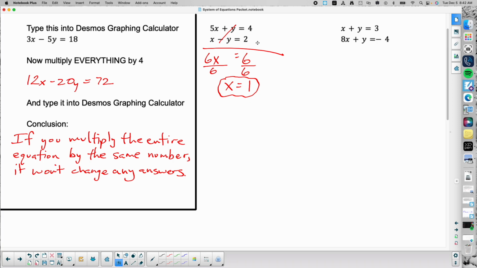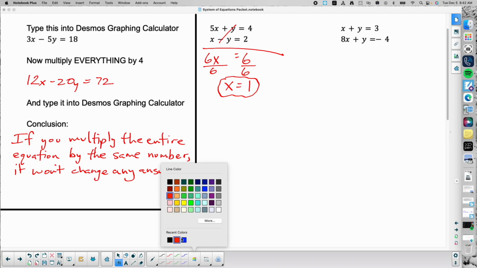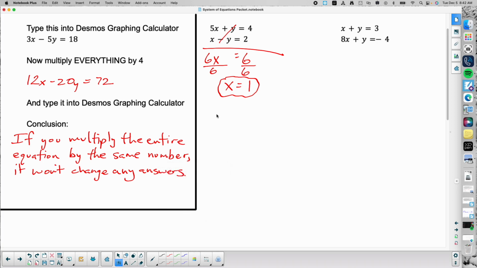All that's going to happen is we're just going to randomly pick one of these two equations. Doesn't matter which one. So let's just say the bottom one. X minus y equals 2. And now we know the answer for x is 1. So we would say 1 minus y equals 2. And then kind of finish solving it from there.